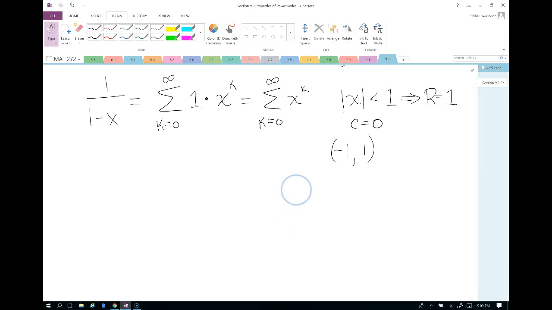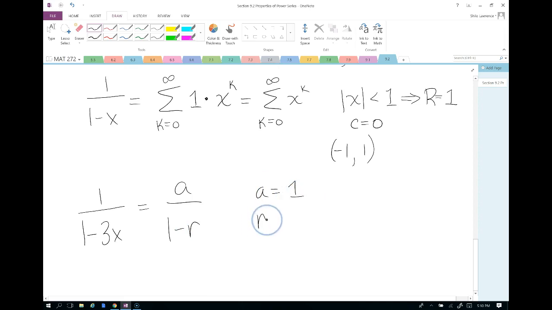Now we could extend this and we could say, well, what's the series for 1 over 1 minus 3x? And if you compare that with a over 1 minus r, that means we have an a value of 1 and an r value of 3x.